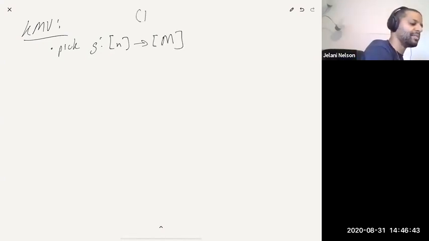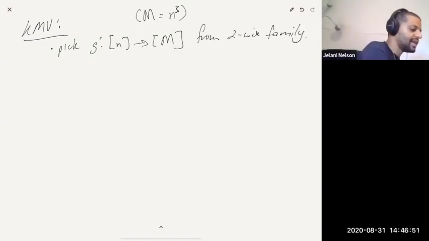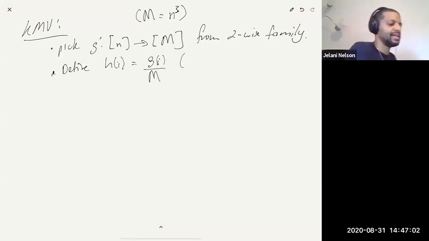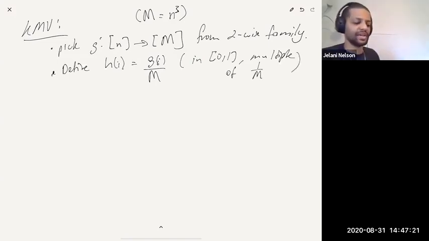And then we're just going to define h of i to be g of i over capital M. So it's going to be in the interval from 0 to 1, but it's going to be a multiple of 1 over M. So this is exactly what I said we're going to do.